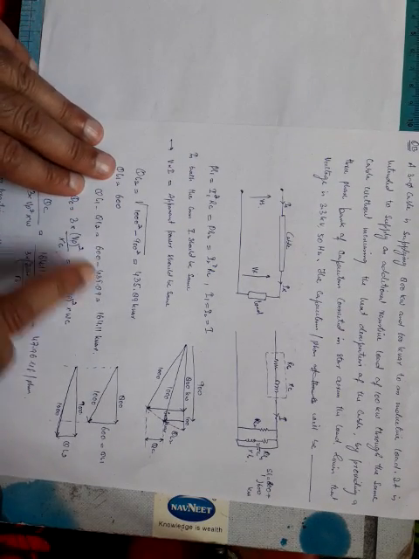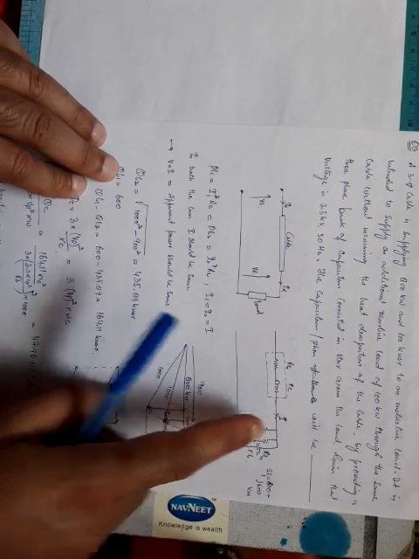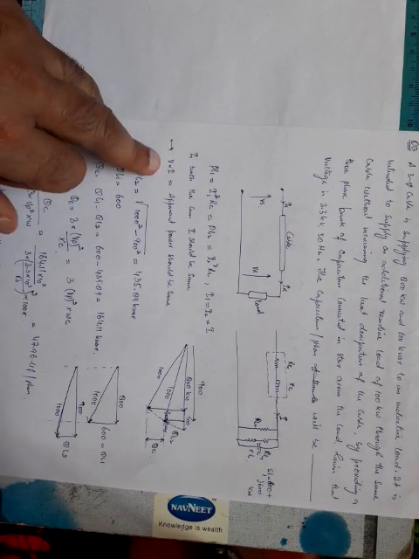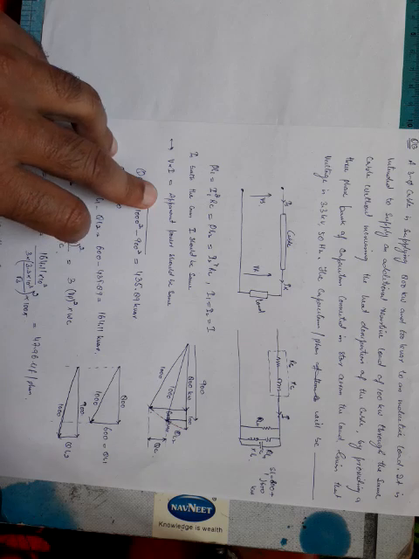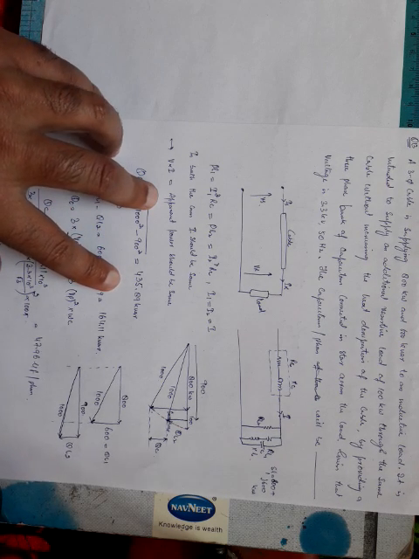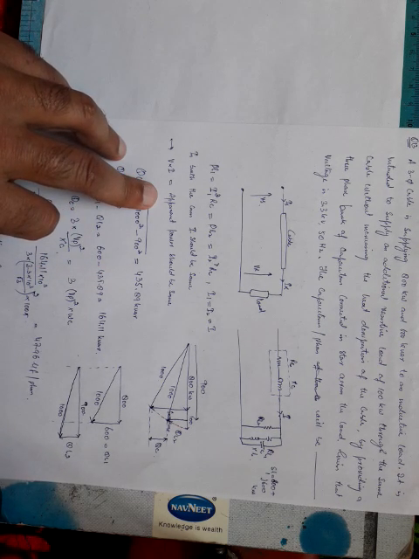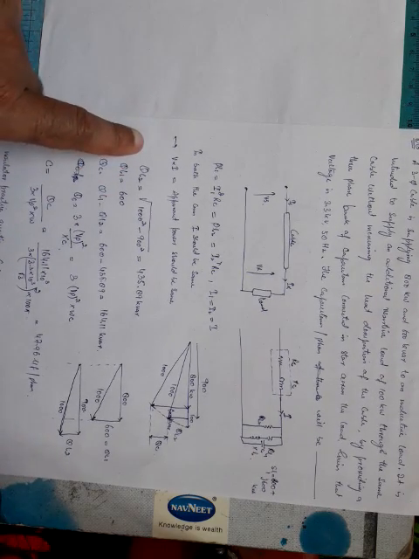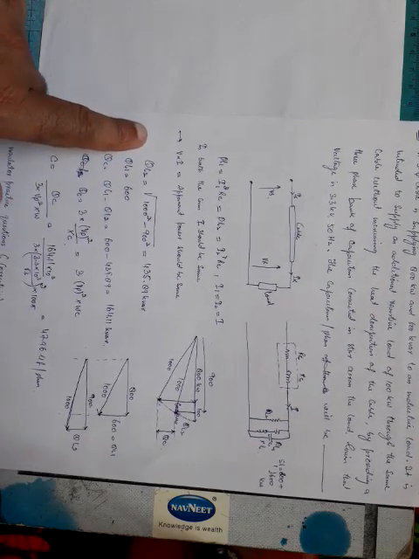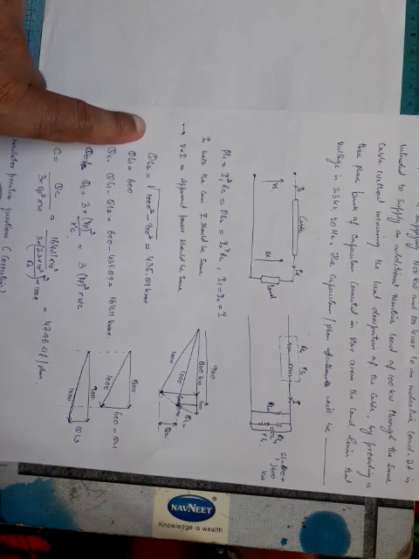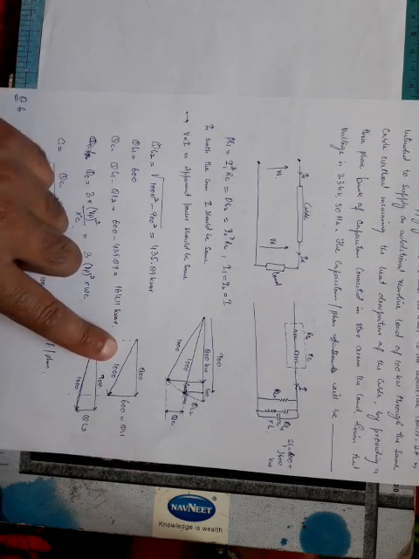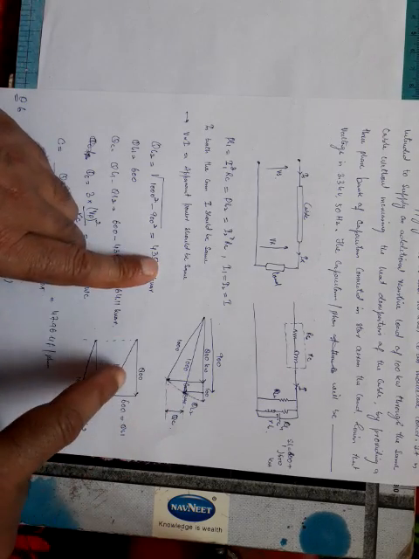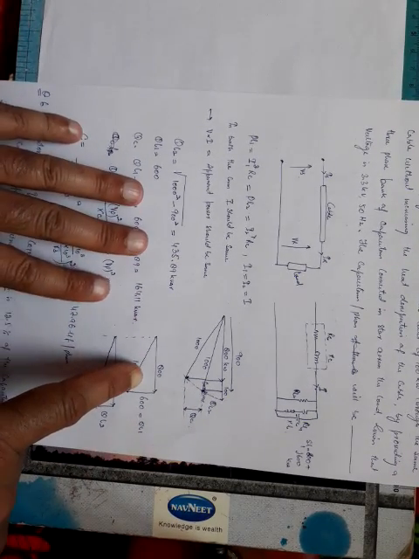Now since we are assuming that the receiving end voltage remains the same, equal to 3.3 kV, when I multiply V into I, it is apparent power, which means the apparent power should remain the same. I did this to solve it by using the power triangle. In the first case, we can calculate the apparent power in this triangle. Actually these two triangles I have superimposed over here. First I will explain this triangle.